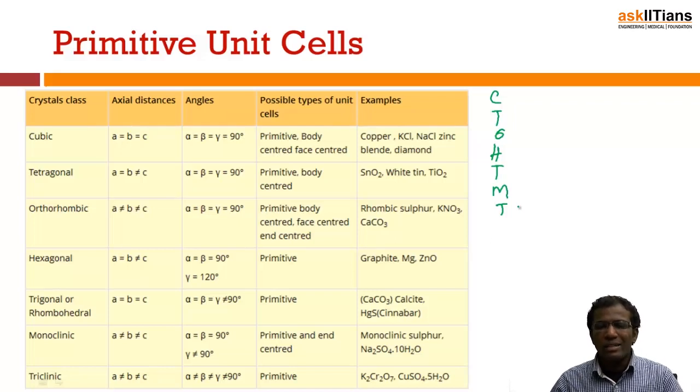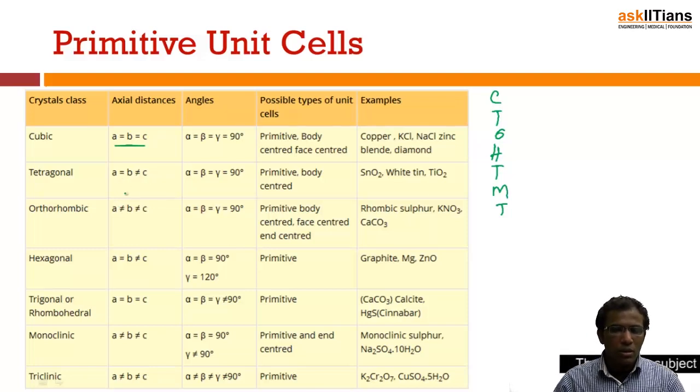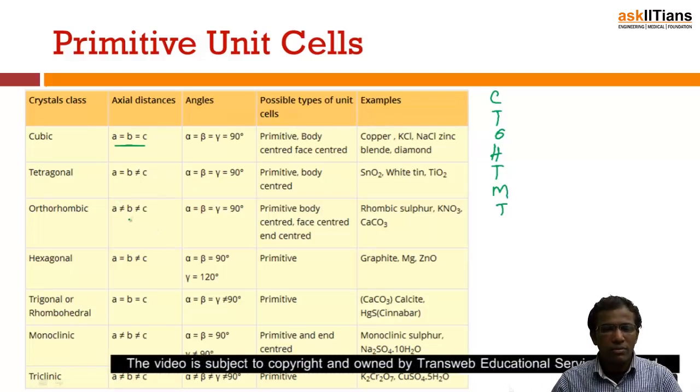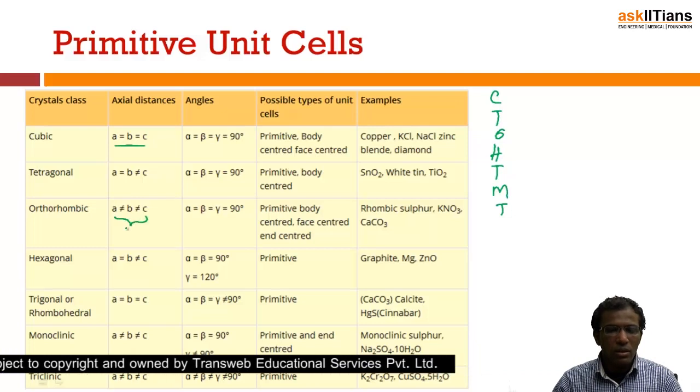If I take edge lengths, the cubic has all 3 edges equal, and the tetragonal has 2 edge lengths equal, and 1 edge length differs from the 2. So A and B are equal, but they are not equal to C. In orthorhombic, all the 3 edge lengths are different.